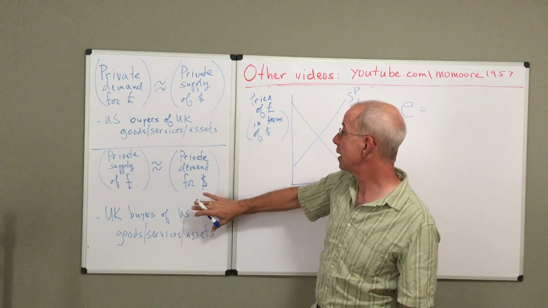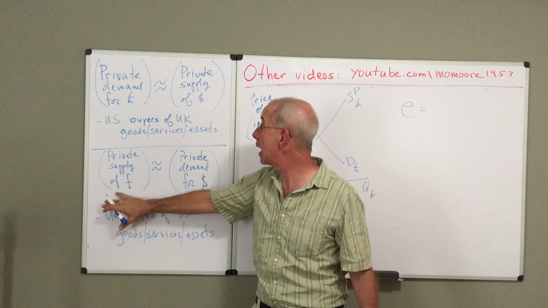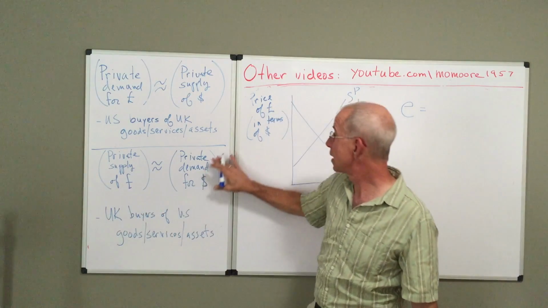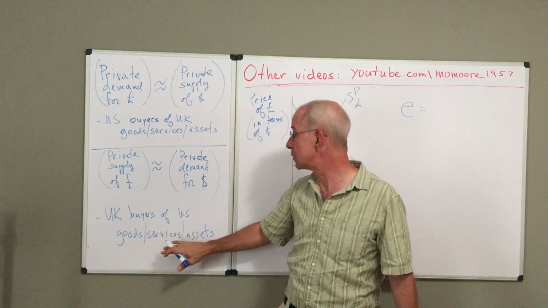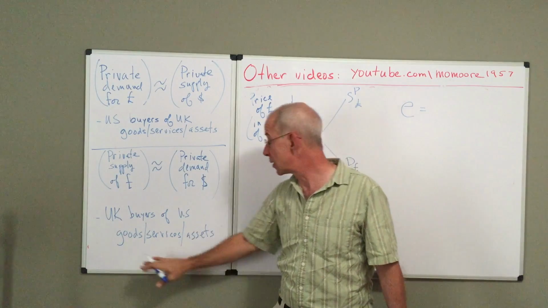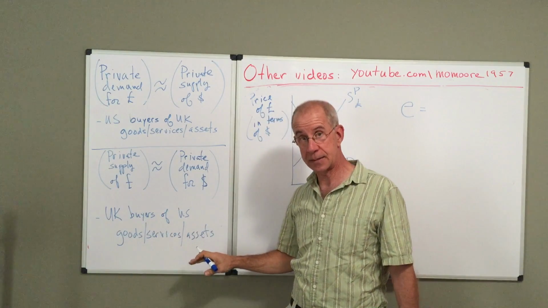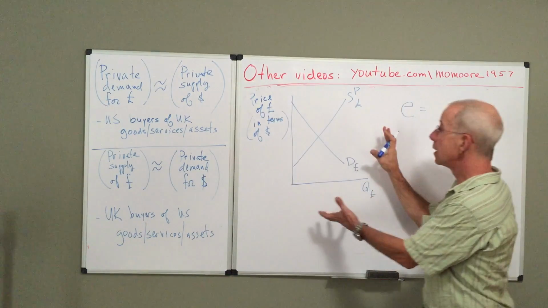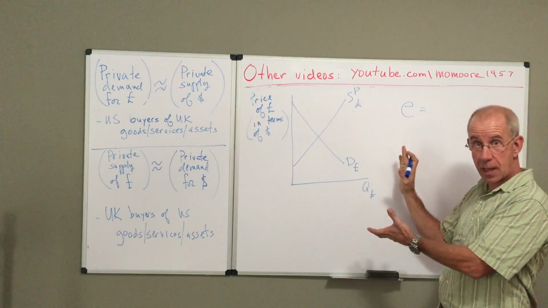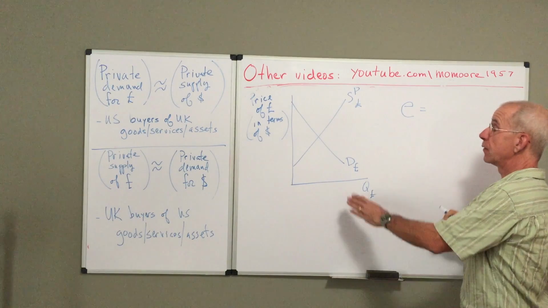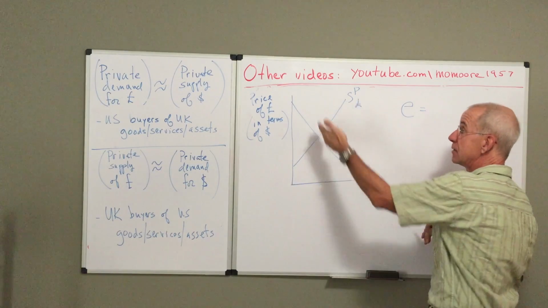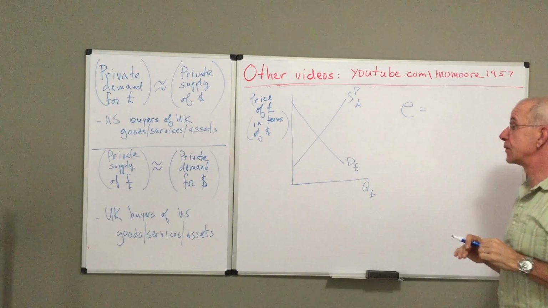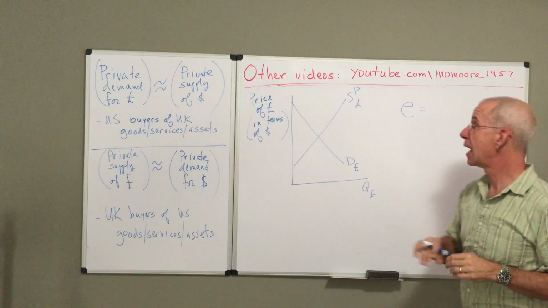The same way that the private supply of pounds reflects the private demand for dollars by UK citizens buying US goods, services, and assets. You want to take a look at this familiar supply and demand curve here that we've talked about before, where we have a supply of pounds by private citizens, a demand for pounds by private citizens.